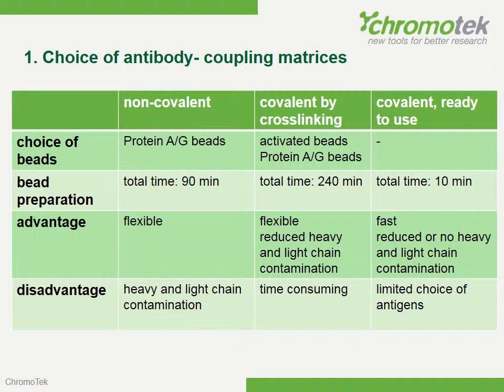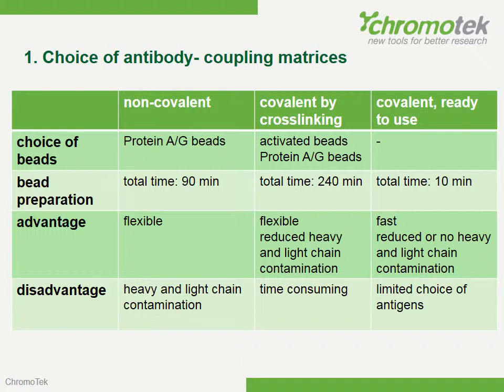And depending on your downstream applications, the heavy and light chains of your antibody can be disturbing. To reduce heavy and light chain contaminations in your downstream application, you can cross-link your antibody to protein A or G beads. Or you can couple your antibody directly to activated beads. Using this system, you are still very flexible, but it is more time consuming and needs more validation.